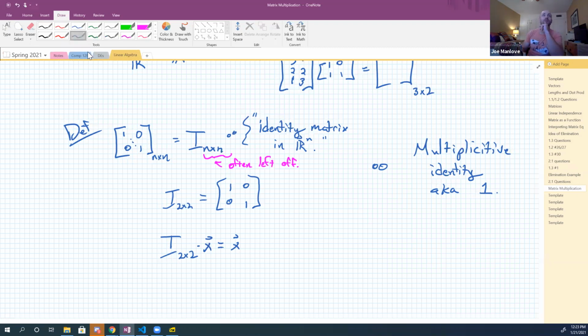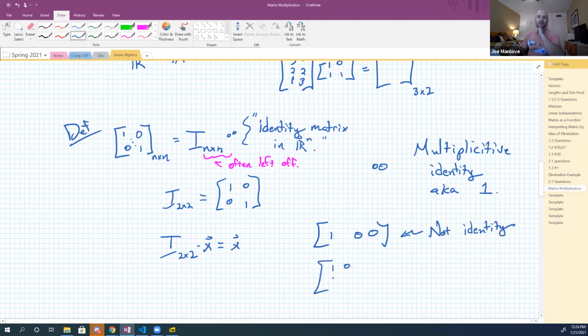So that would be things like 1, 0, 0, and things like 1, 0, 0, 1, 0, 0. Also not the identity matrix. You guys see that? So if it has padding of zeros, it doesn't count. You guys cool with that?